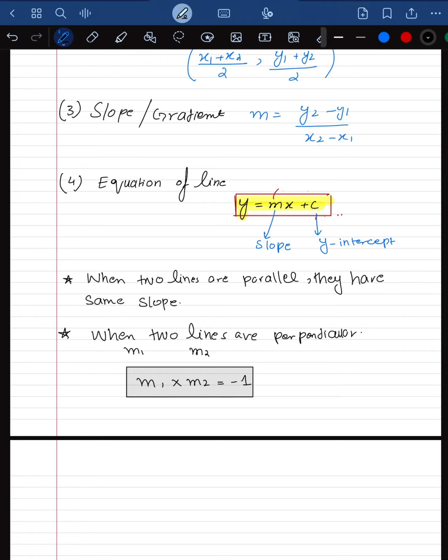Let's say the slope of one line is 2 by 3, and you want to find the slope of the other line that is perpendicular to this line. What you need to do is take the negative reciprocal.